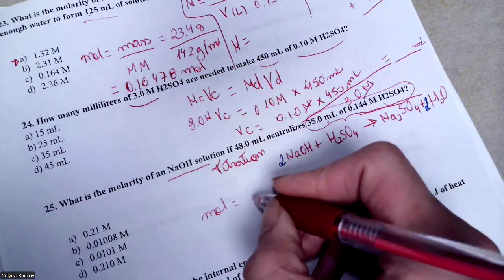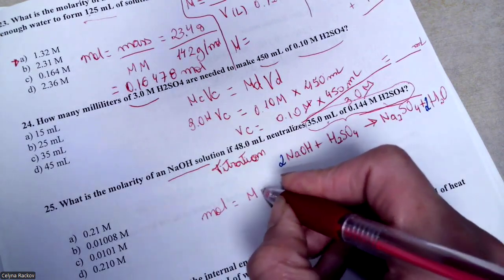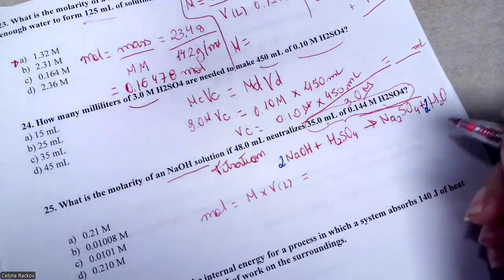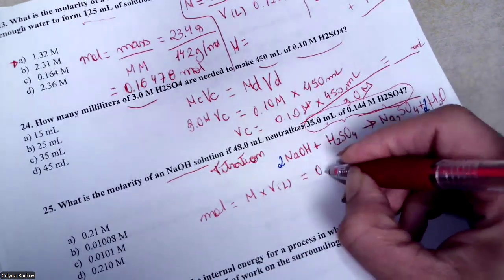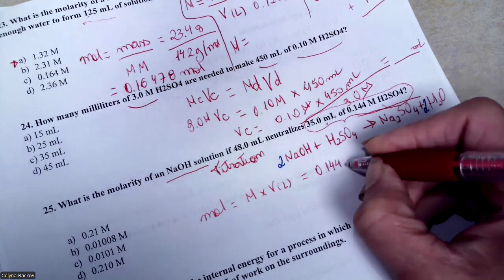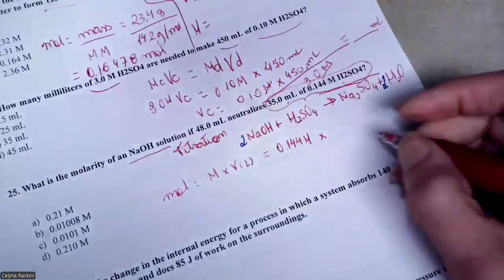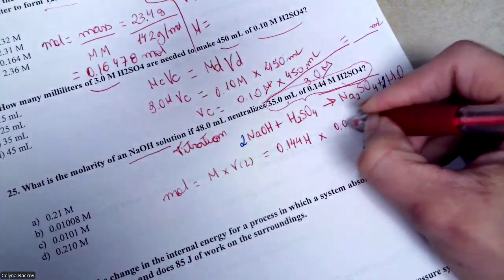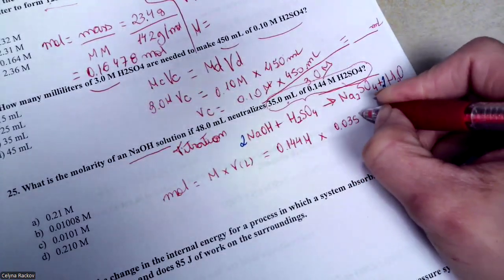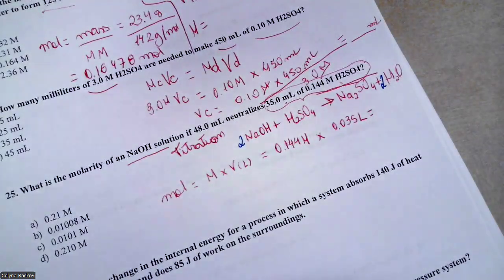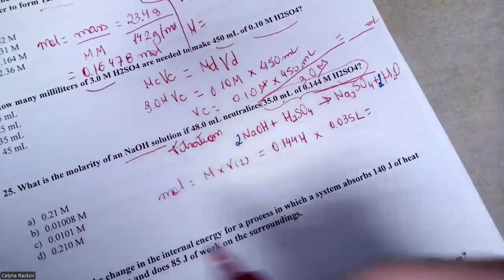To find the moles, you multiply molarity times volume in liters, right? So the molarity was 0.144 molar times 0.035 liters, right? Let's find these moles of sulfuric acid.